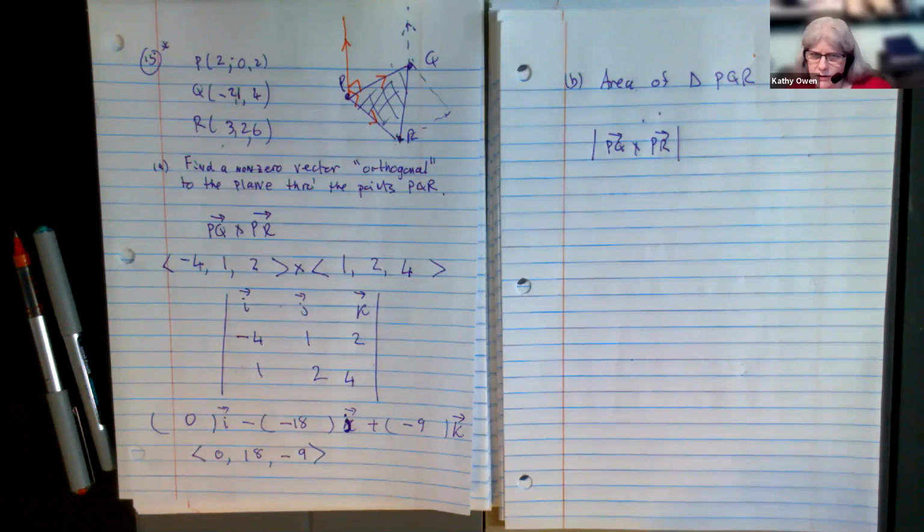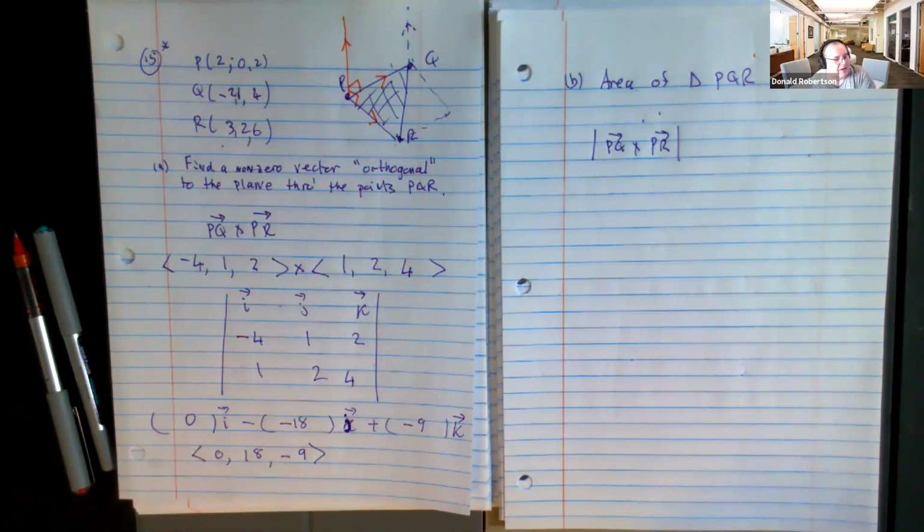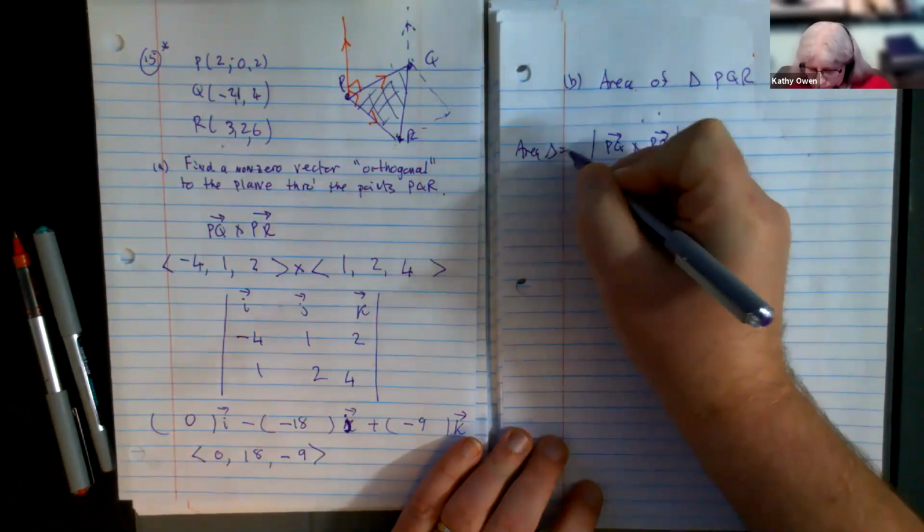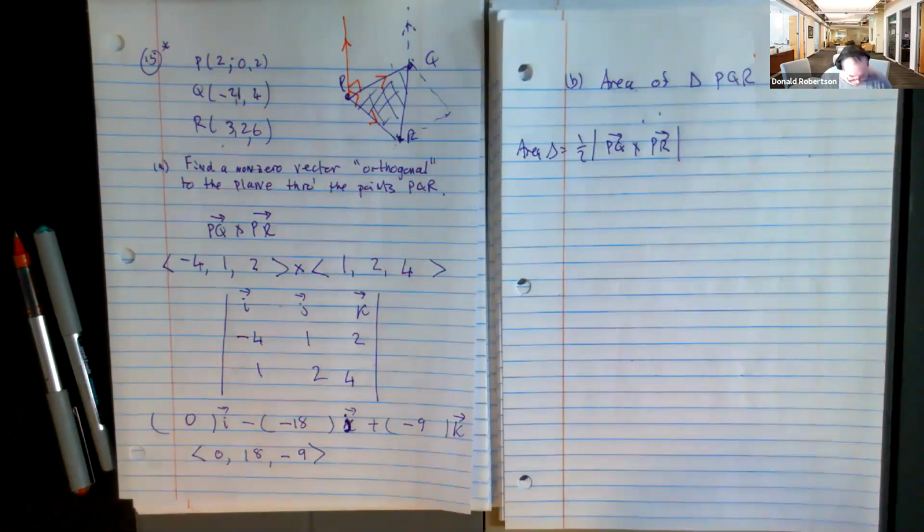The magnitude is the area of the parallelogram, yes. So how do you get the area of the triangle? Divide by 2. Right, so a half of that guy.